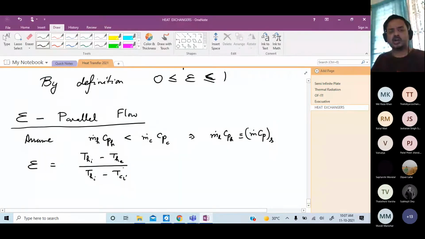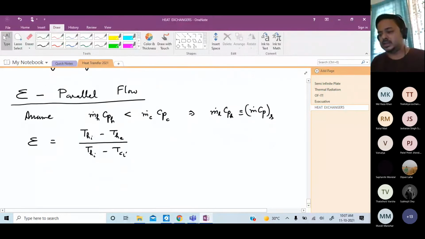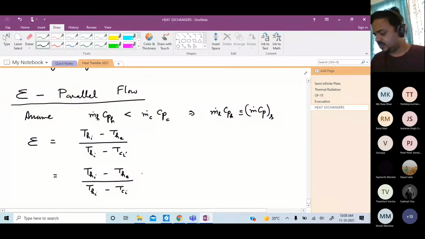Now, the rest is mathematical jugglery. See what we are trying to do. I'm going to multiply both the numerator and denominator by this term, m dot h Cph by m dot c Cpc, and also divide by the same.